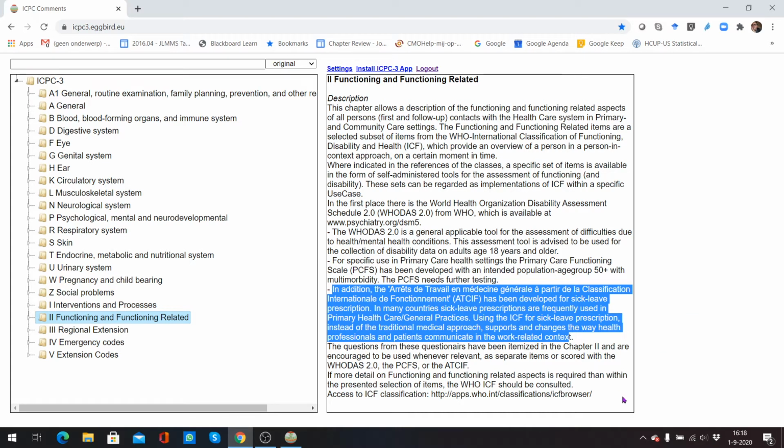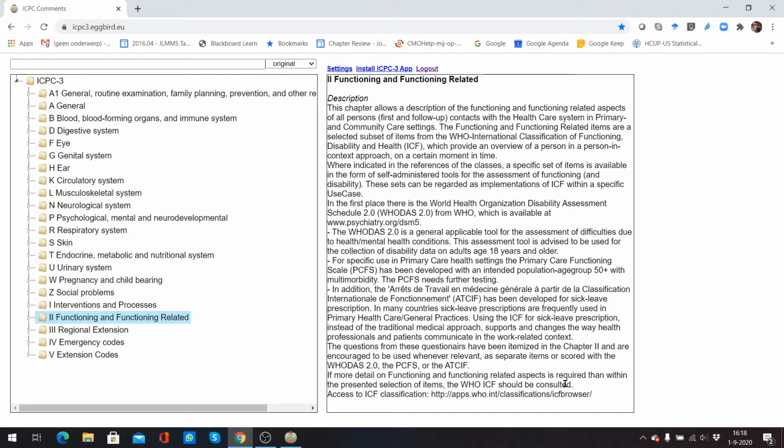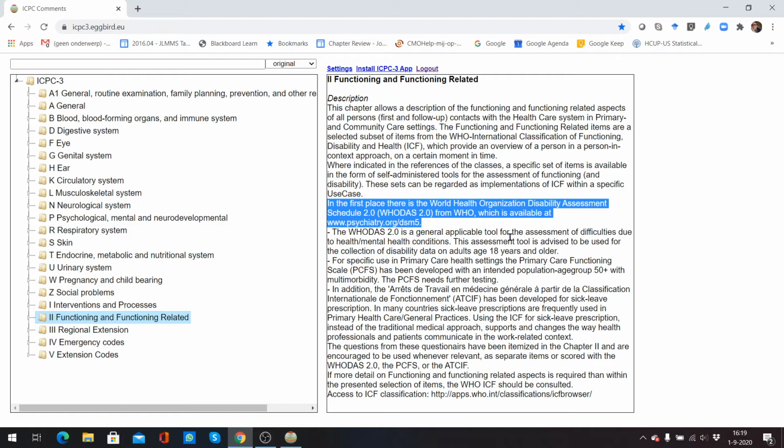The third pillar is the WHODAS, and the WHODAS is the World Health Organization Disability Assessment Schedule 2.0. It's a generally applicable tool for assessing difficulties caused by health or mental illness.